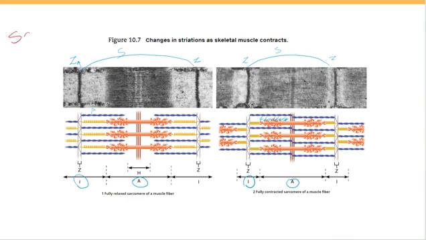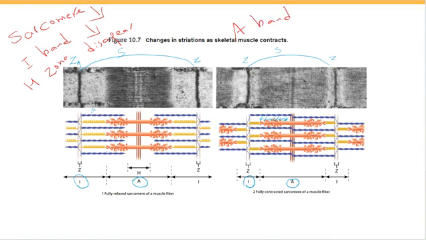First of all, we know the length of the sarcomere shortens. And then the I band, which is only actin filament, also shortens. And the H zone may disappear, as now we do not have only myosin filament. Mostly we have overlap between actin and myosin. But the A band does not change.